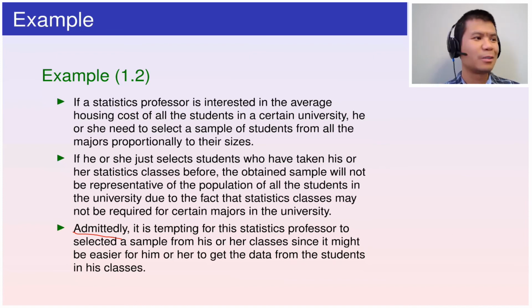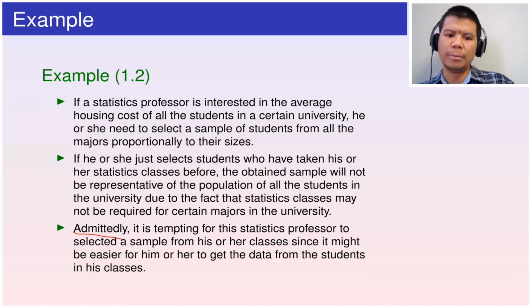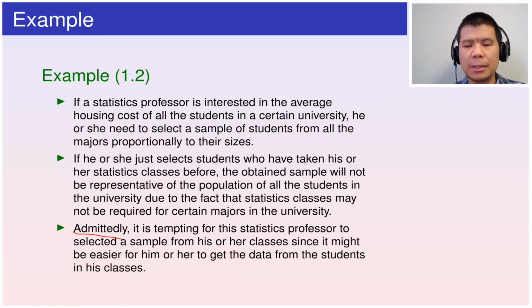He or she knows their contact information and so on, so it's easier. So it's tempting, but a sample obtained in such a way is not representative of the population. So this professor should not do that.